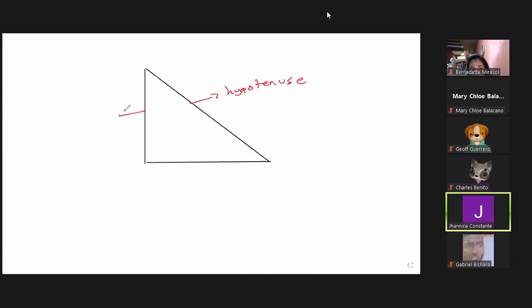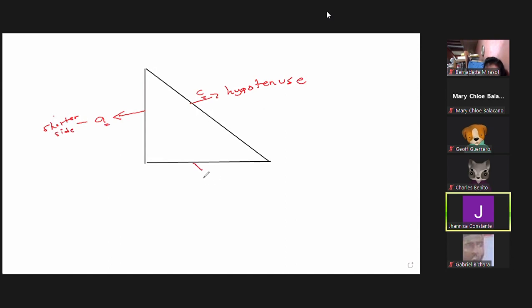This one is the C in the Pythagorean theorem. This is the A side, the shorter side of the triangle.